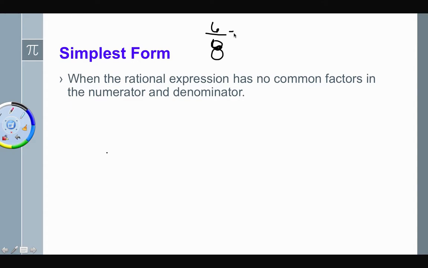When I do 6 over 8, 6 is really 2 times 3, and 8 is really 2 times 4. Since they have a common factor of 2, I can cancel those out, and I'm left with 3 over 4. Normally we think about this as dividing by 2 and dividing by 2, but it's the same idea, canceling out the common factor of 2.